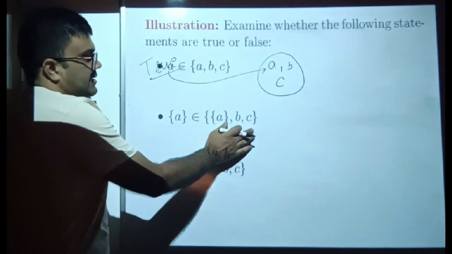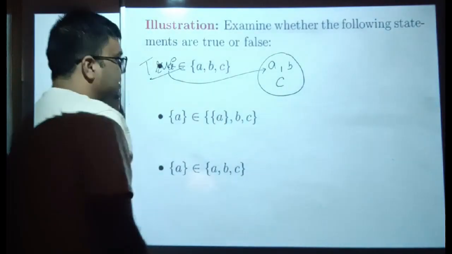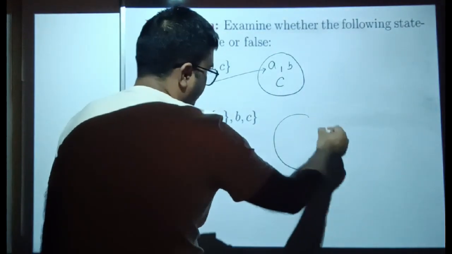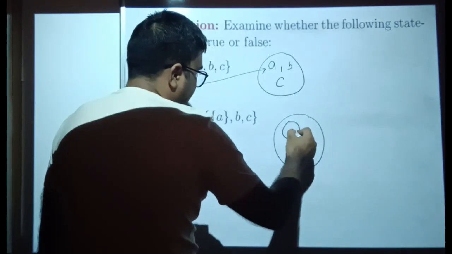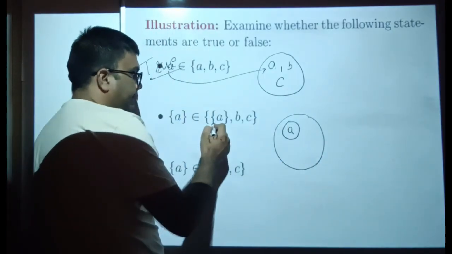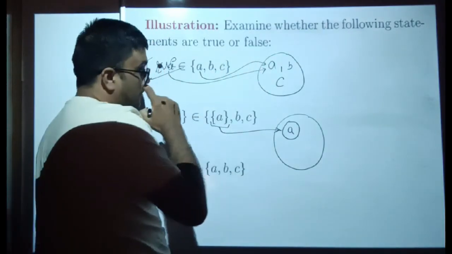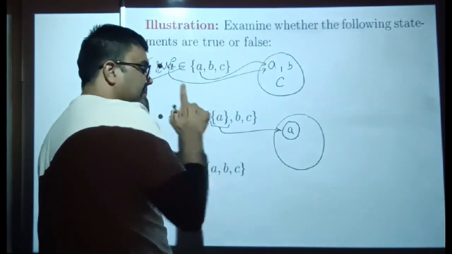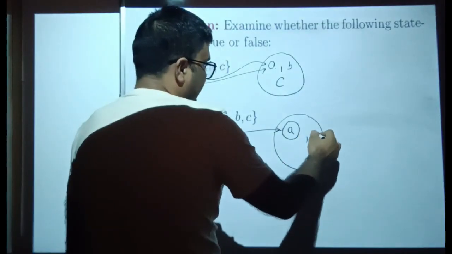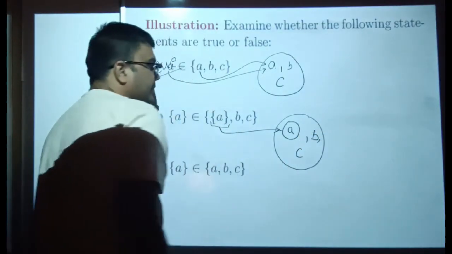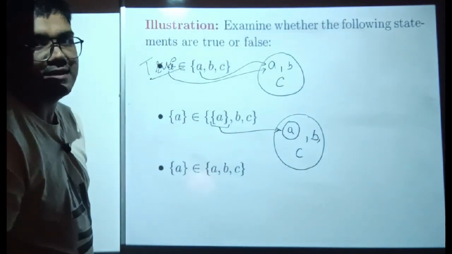Now consider this set. This set has a set containing the element a. Over here it is a, over here it is the set containing the element a. Then we have b, and then we have c. These are the 3 elements of this set.